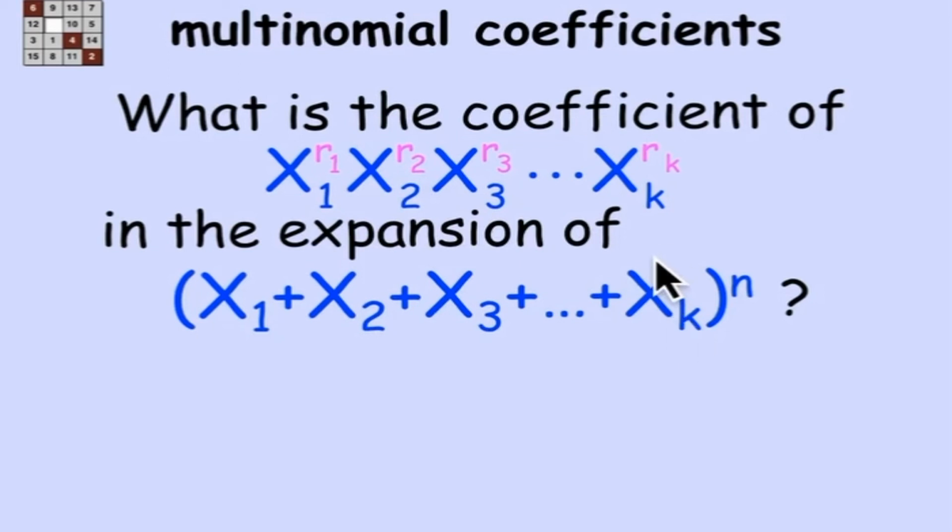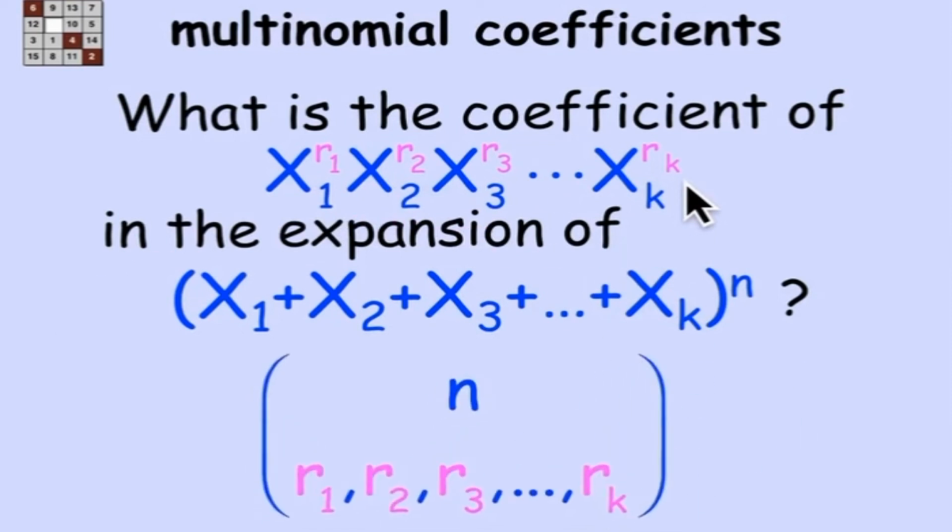And then if I ask how many of those products of n of these k variables have this many x1s, this many x2s, through this many xk's, I'm asking again a bookkeeper question, and the answer is n choose r1, r2 through rk.